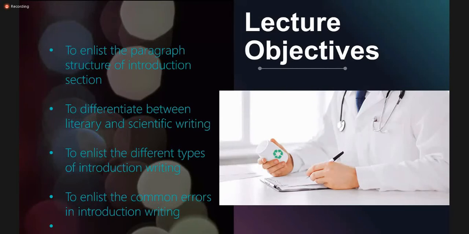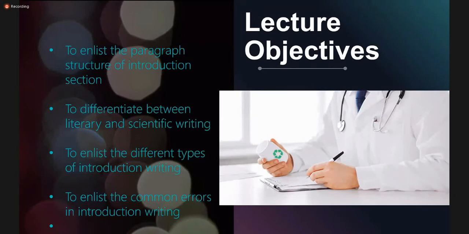So in that context, we'll discuss how introduction writing differs in different types of manuscripts, and in the end we'll be able to analyze the common errors in introduction writing. Those common errors would be the flow of your writing.